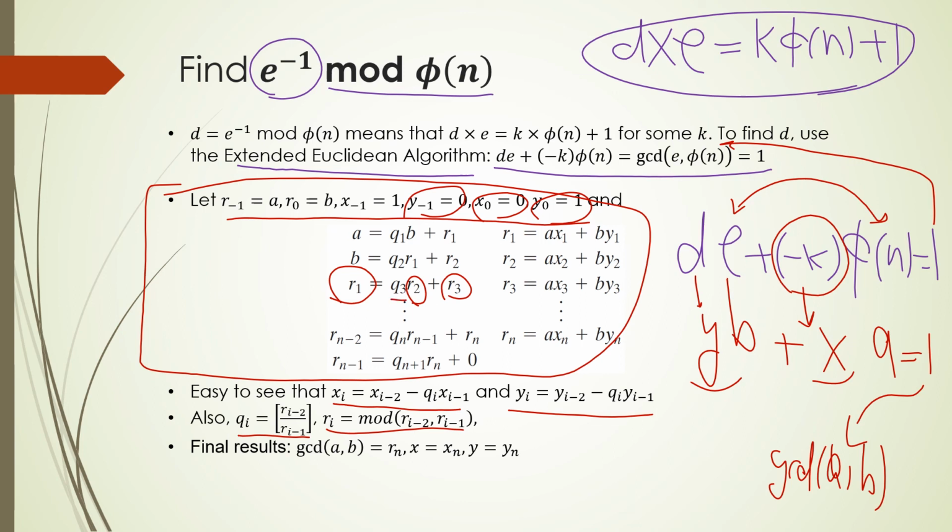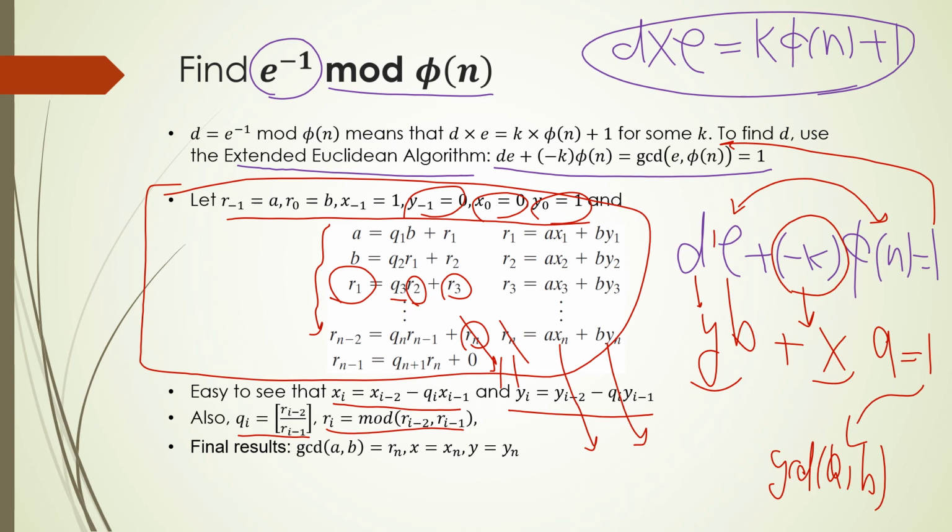And you can do this many times until you reach a remainder equal to 1, and that's when you should stop, because you reach 1, which is in this case the GCD of a and b, equals a times xn plus b times yn. So from here you can conclude that xn is basically the coefficient of a, and yn is the coefficient of b.